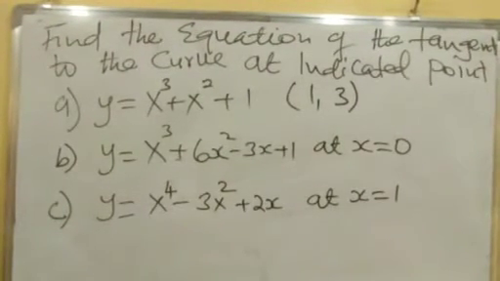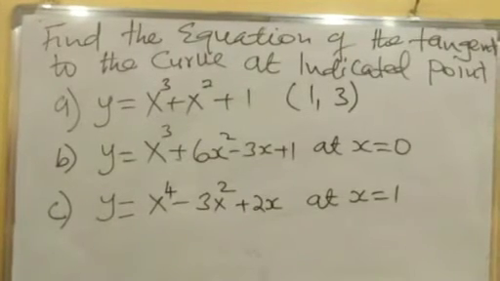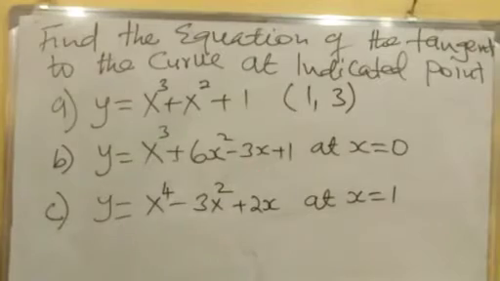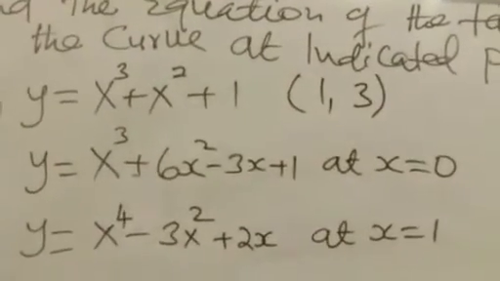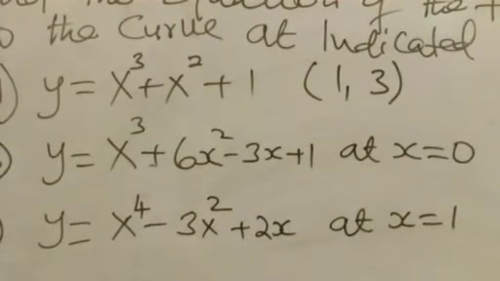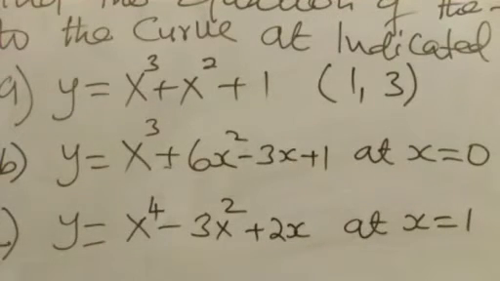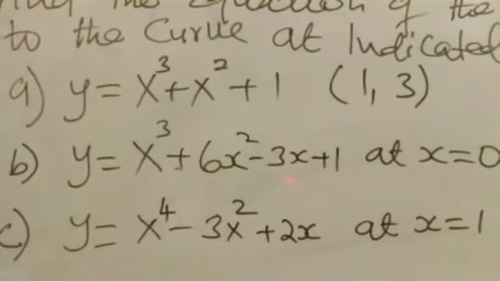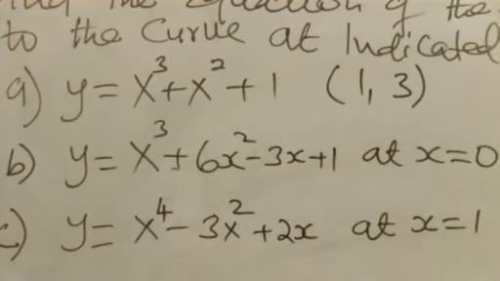A: y equals x raised to 3 plus x raised to 2 plus 1, and the indicated point is 1, 3. Part B: y equals x cubed plus 6x squared minus 3x plus 1, at x equals 0. And finally, part C: y equals x raised to 4 minus 3x squared plus 2x, and the indicated point is x equals 1.